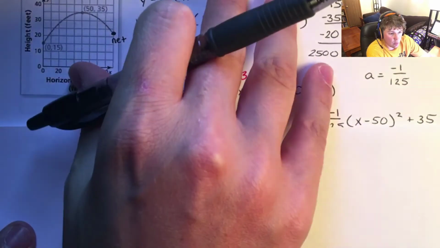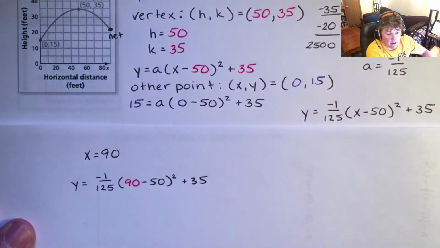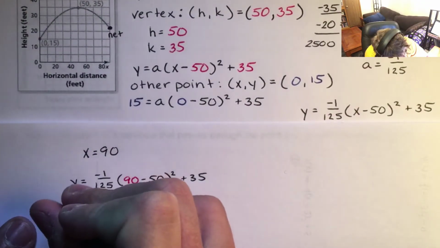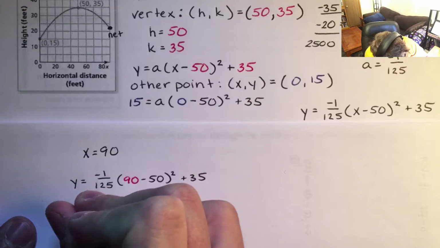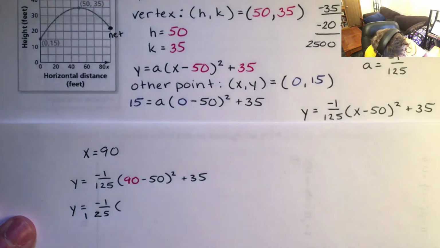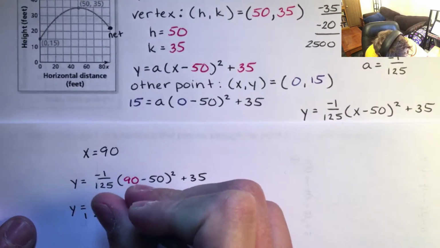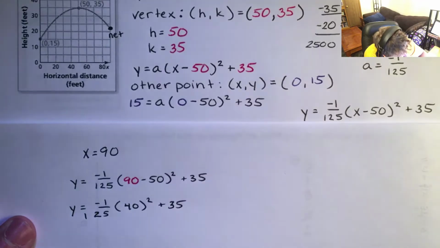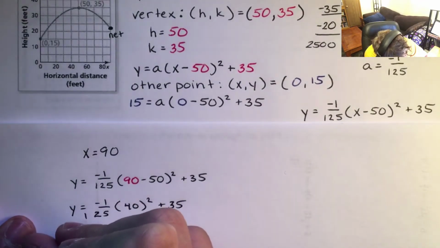For the sake of this one, we can do it by hand really quick. It won't take too long. So 90 minus 50 is 40. 40 squared is 1,600.